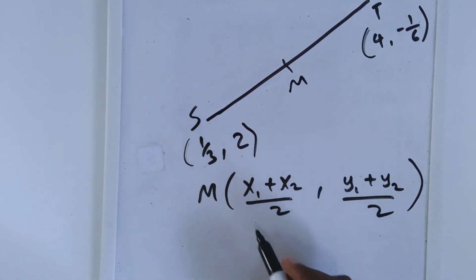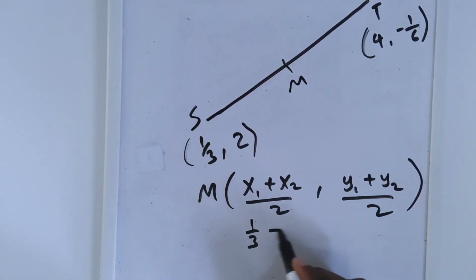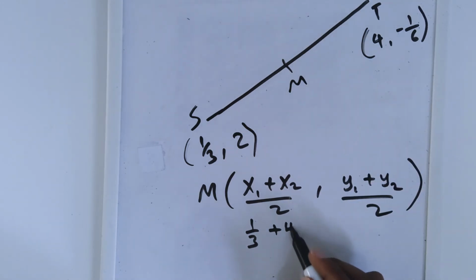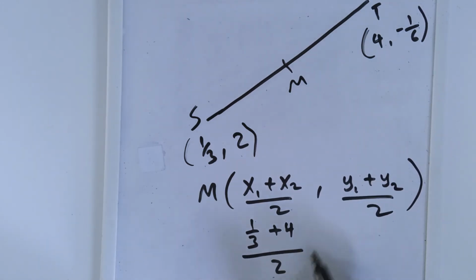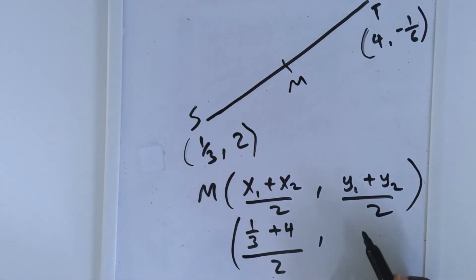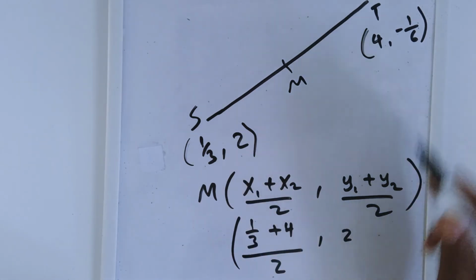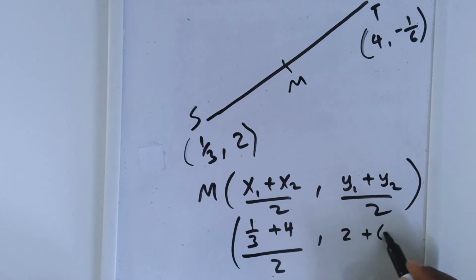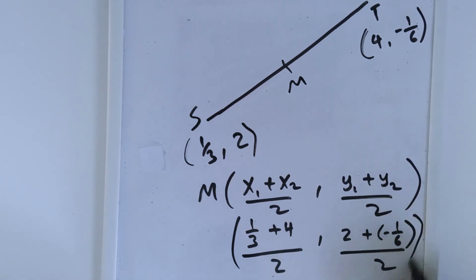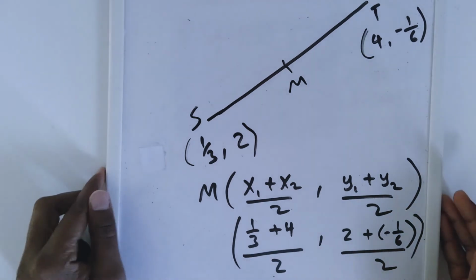Okay, x1 is 1/3 plus x2, that is 4, that divided by 2. y1 is 2 and y2 is -1/6. All of this divided by 2. Okay?